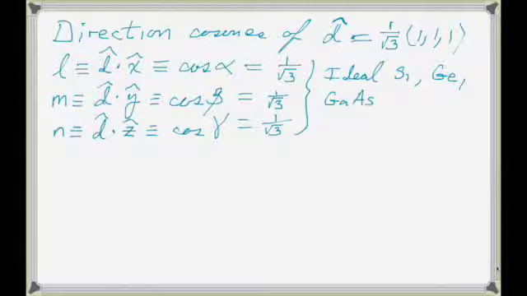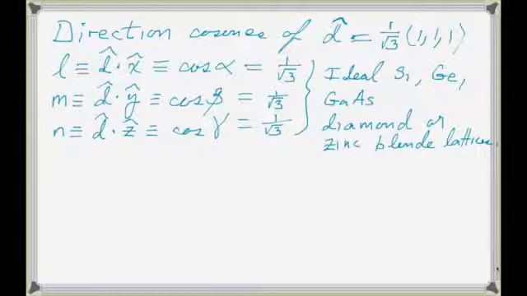And I say ideal because if they're strained, if you compress or stretch your crystal, then it's no longer going to have the cubic symmetry and it may change a little bit. But for the ideal unstrained cubic crystal, l, m, and n are going to be the same. But you could imagine really compressing it, so you're squishing down the z direction and stretching out the x and y, and then things would change a bit.